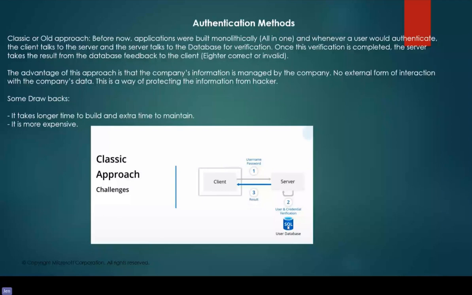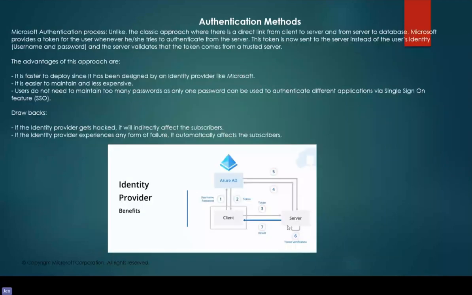This is what a typical identity provider structure looks like using Microsoft Azure Active Directory or the Microsoft Active Directory Domain Services, which is the on-prem version. What happens is no longer will the client talk to the server and the server checks the database and goes back like that. So what happens here is the client talks to Microsoft, right?